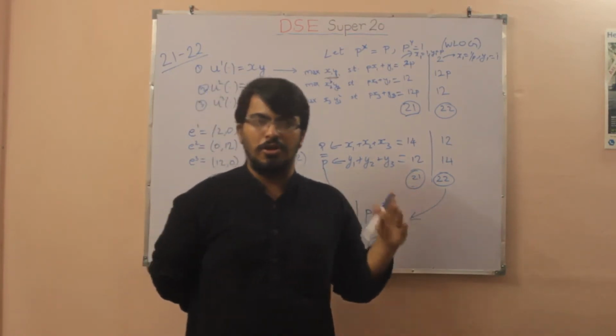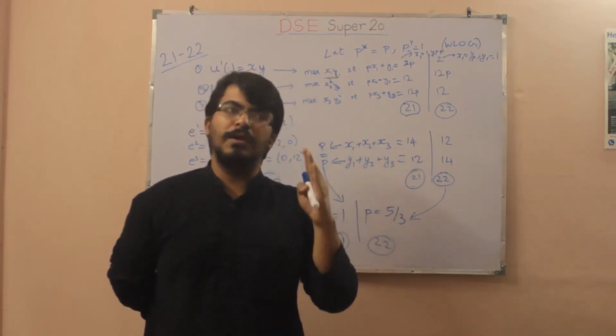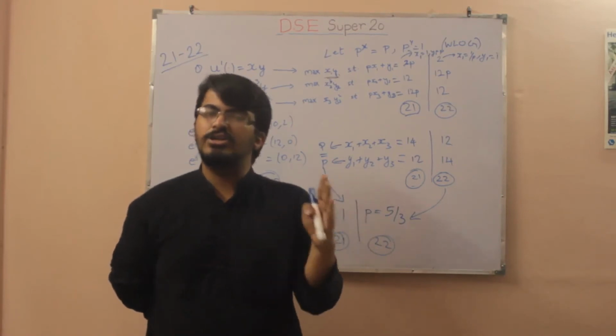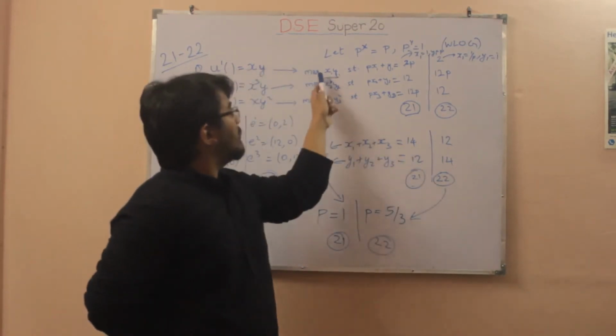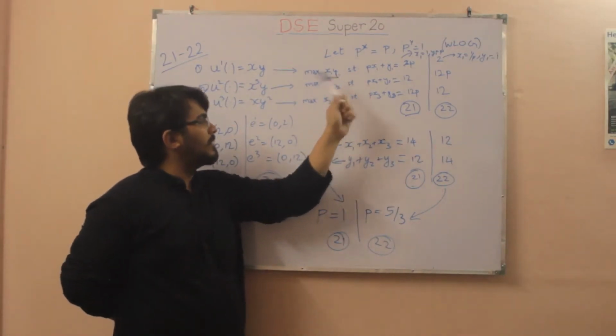Let's say your utility function is x raised to alpha, y raised to beta. You would spend your budget on goods x and y in the ratio alpha is to beta. Given the utility function xy, you would spend equal amounts on x and y.